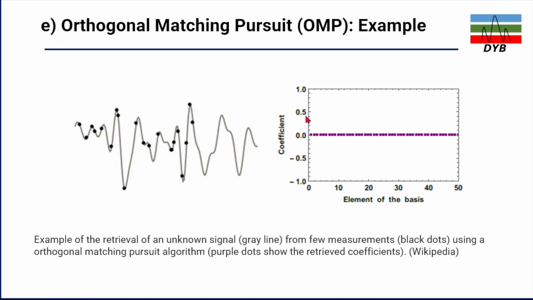Based on that, it tries to adjust these points, which is actually retrieving the coefficients of the matching pursuit. From there, you can see the orange wave from matching pursuit is matching the original wave, which is given in this part of the waves.